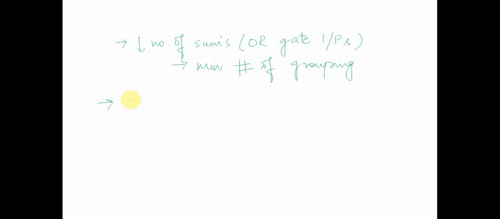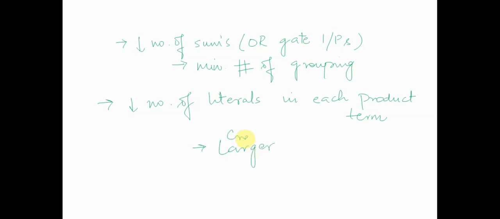And the second thing is, if you have to reduce or minimize the number of literals in each product term, we have to make larger groups. Look for larger groups with corresponding ones. This is the fundamental over here for K-maps.